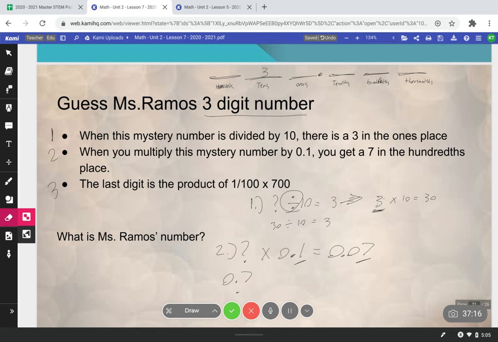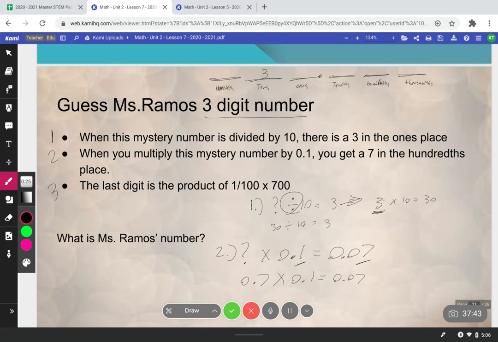It is going to be 7 tenths. So this is our mystery number. This is the number that we are going to put right there.